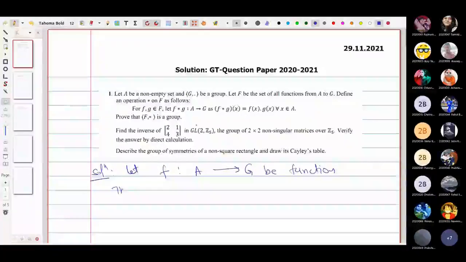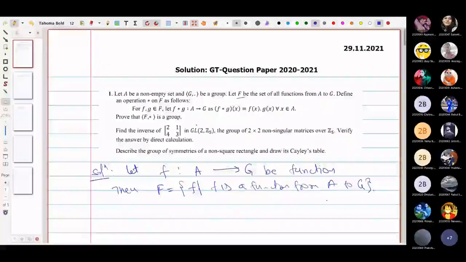And then, as given, capital F is a collection of all those functions such that f is a function from A to G. So now we know what capital F is. Capital F essentially contains functions from A to G.